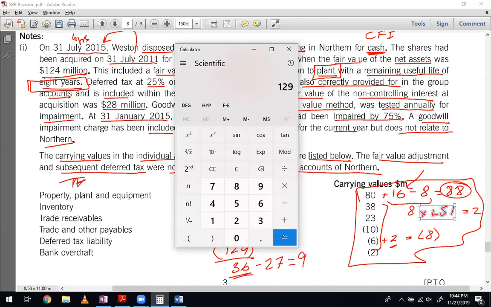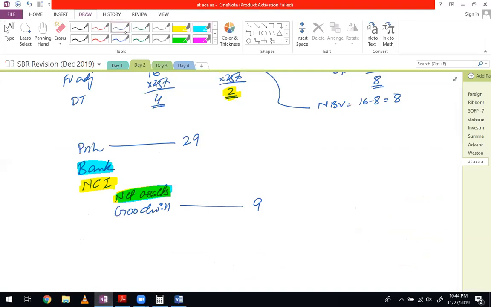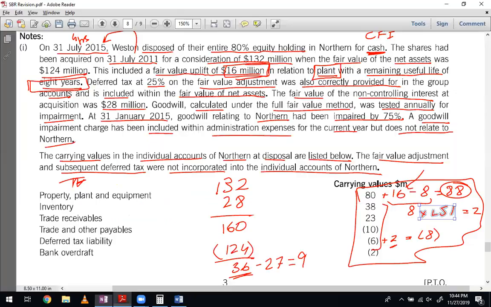This means the net assets at the date of disposal are 129. So we can simply keep 129 as the net assets. Getting this, everyone? We simply calculated the total of all these values.